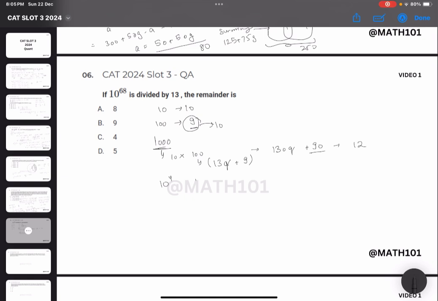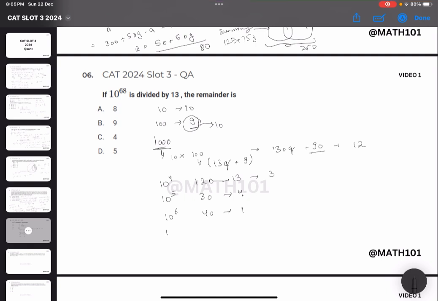We will find the remainder that 120 leaves with 13, which is 3. For 10 to the power of 5, we'll see what 30 leaves as remainder, which is 4. For 10 to the power of 6, we'll see what 4 into 10, that is 40, leaves as remainder, which is 1.